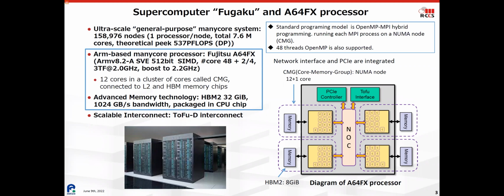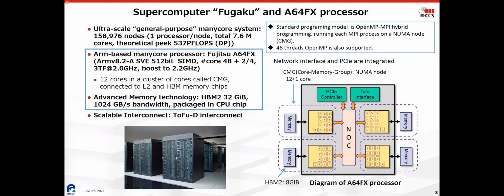This is the block diagram of the A64FX processor. As you know, the A64FX is the first ARM-based many-core processor which has the Arm SVE. The length of the SIMD is 512 bits, and the number of cores in a chip is 48, divided into 4 groups like this.